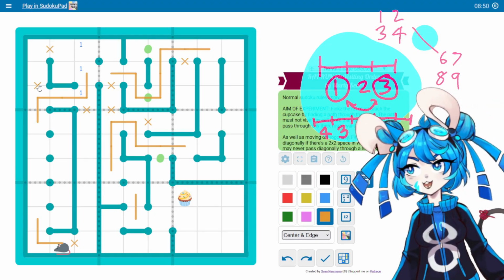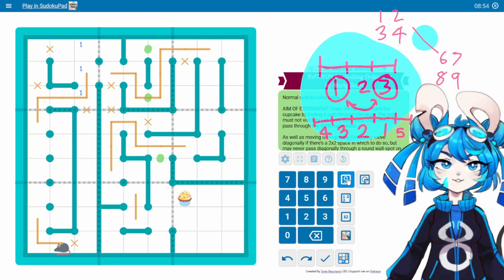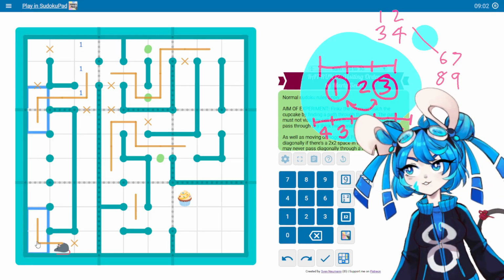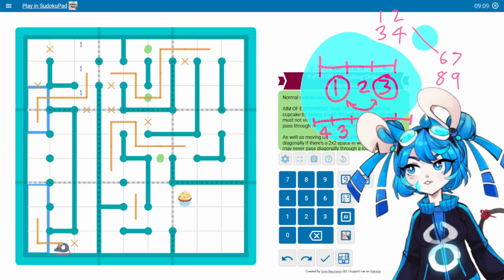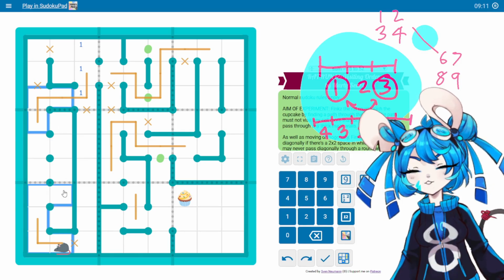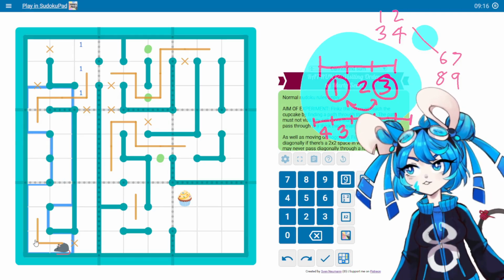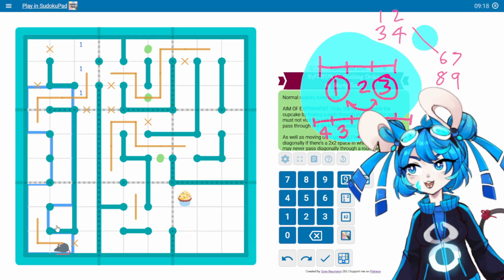So these cells are excluded. 1, 2, 3, 4, 5. 1, 2, 3, 4, 5, 6. 11 cells total.